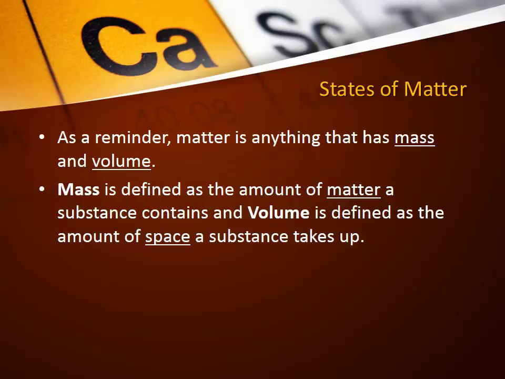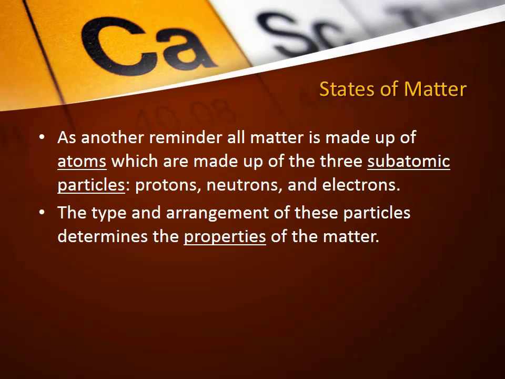Now, please don't ask me what matter is, because that kind of goes into a property of mass. We'll talk about that a little bit later. You really don't need to know. But you just need to know that mass is how much stuff something has, basically, normally measured in grams. We'll mention that later. And volume is how much space.